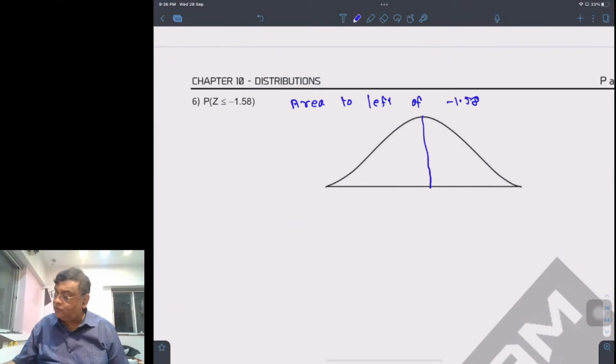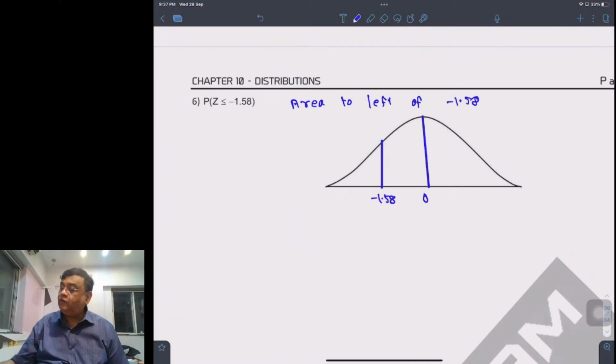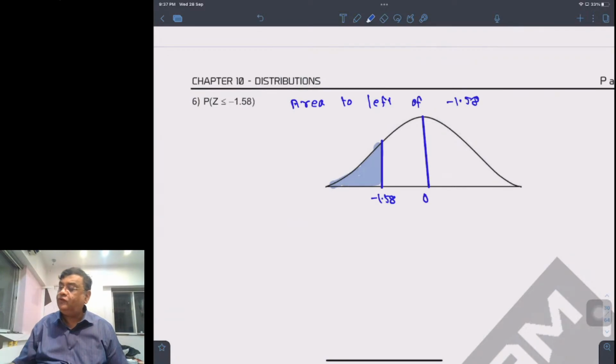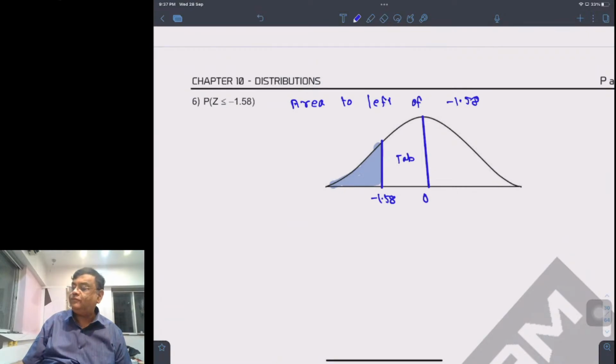Now my question to you is, tell me if this is 0, where is minus 1.58? Now minus 1.58 is on the negative side. Now I want the area to the left of that. Now my question is, tell me what the table gives you. Table gives you the area between 0 and minus 1.58.